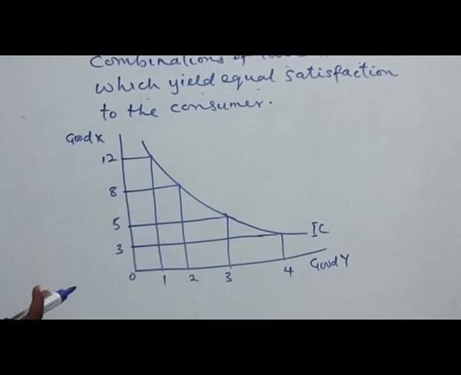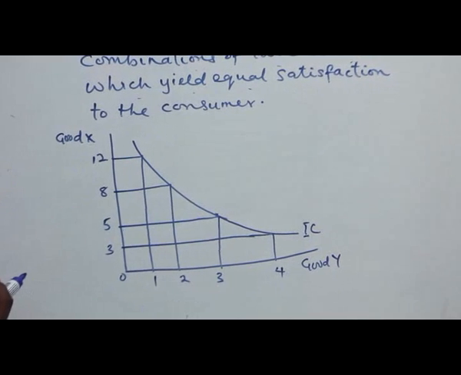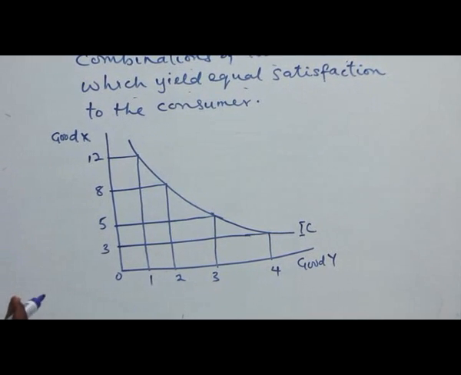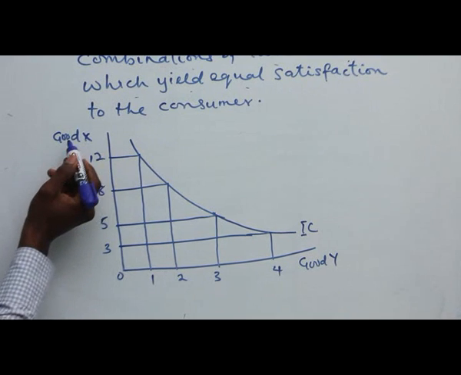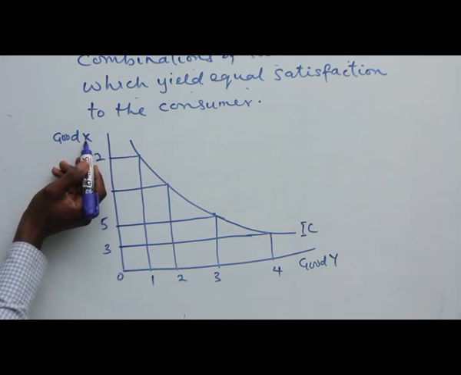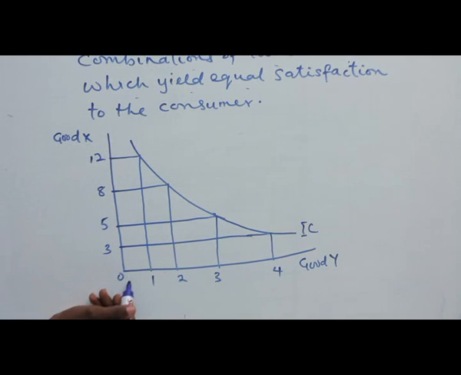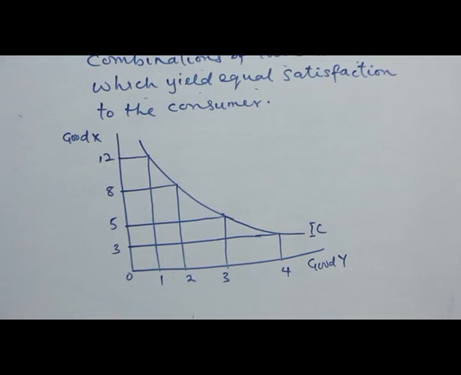In this analysis, we have two commodities that the consumer wants to take at the same time. Now, this is good X axis and good Y axis. The consumer is trying to combine the two goods together in order to get satisfaction.